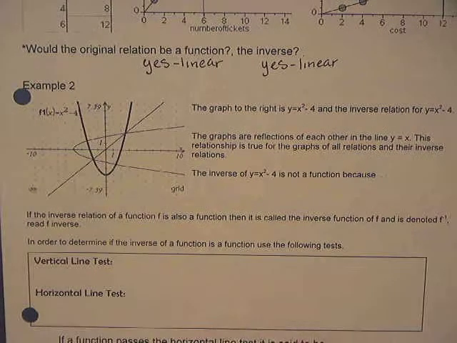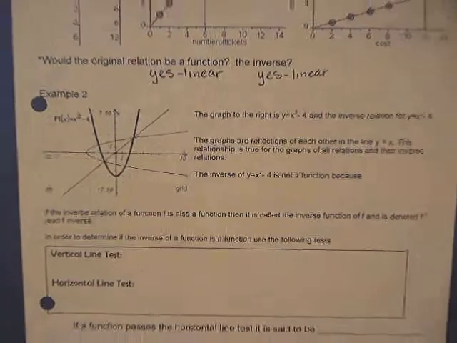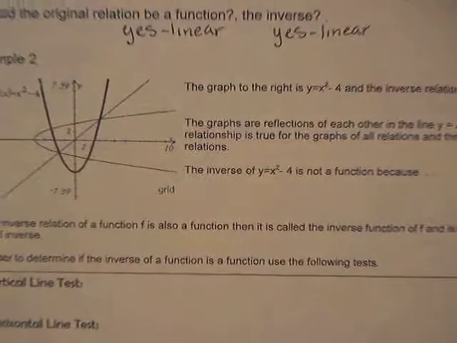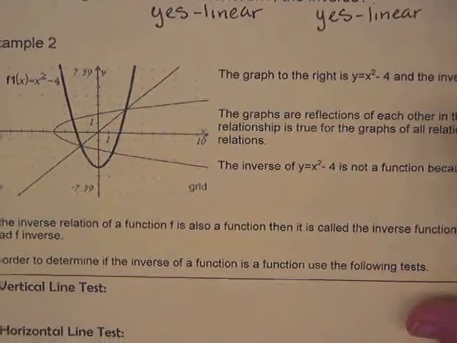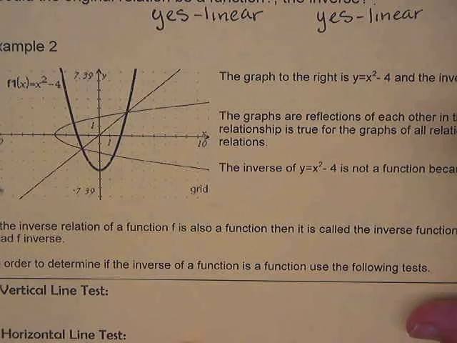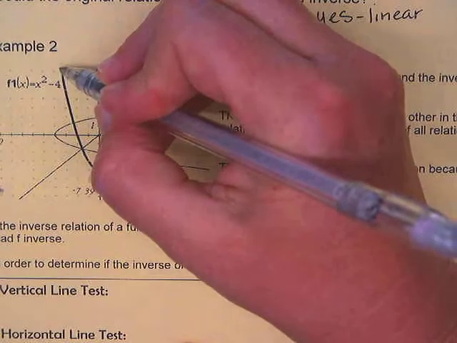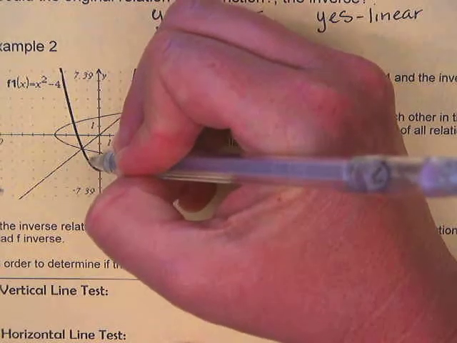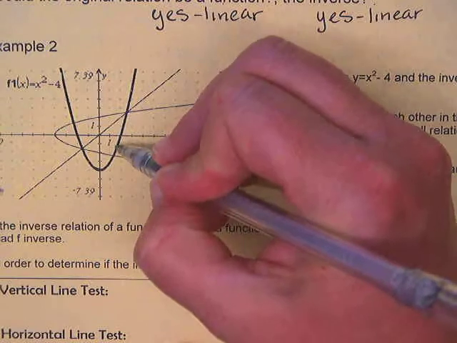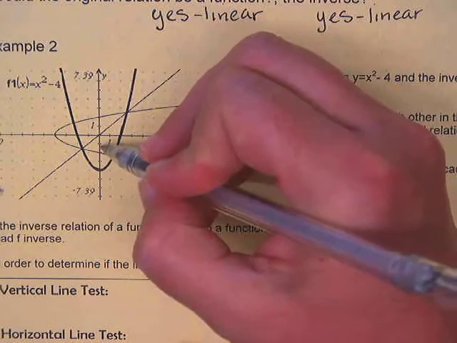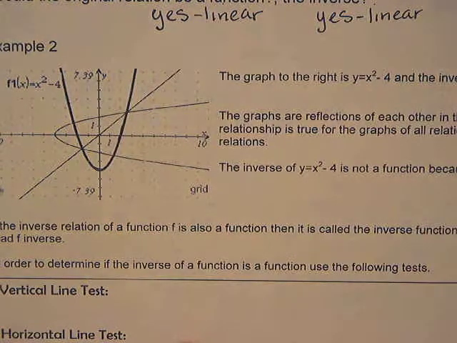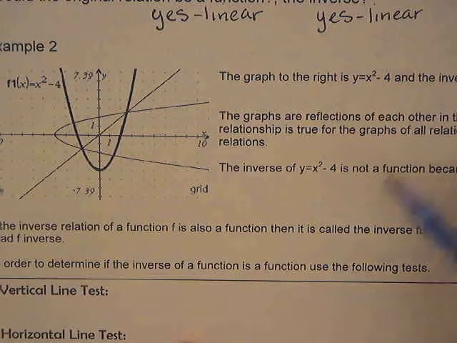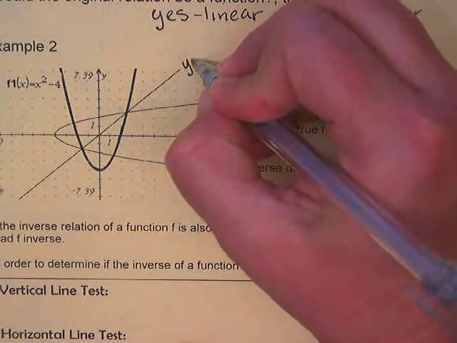We have a parabola with the equation y equals x squared, and then we have the line y equals x, and we have the inverse relation. The graph that's here in bold is our original, y equals x squared. It's a regular parabola that's been moved down 4 spaces. To find the inverse relation, you switch the x and y values, and they are flipped over the line y equals x.